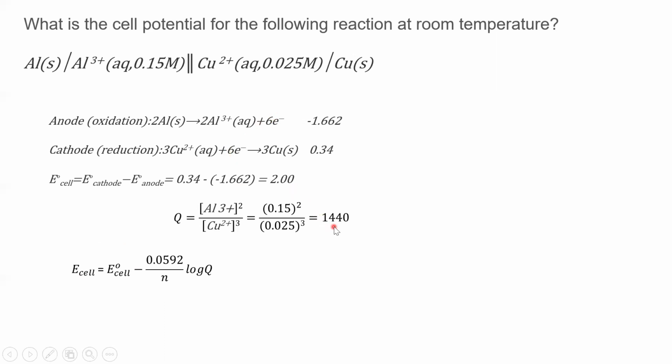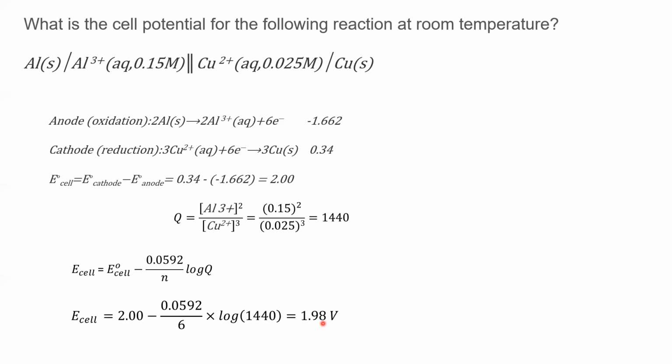And we'd substitute in 1,440 for Q. And when we plug that in, the voltage across our cell is now 1.98.